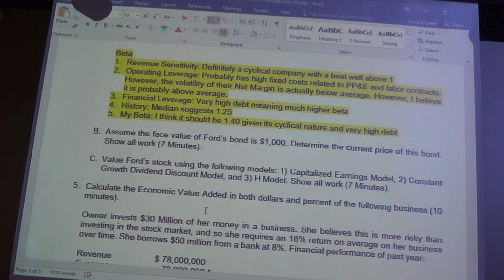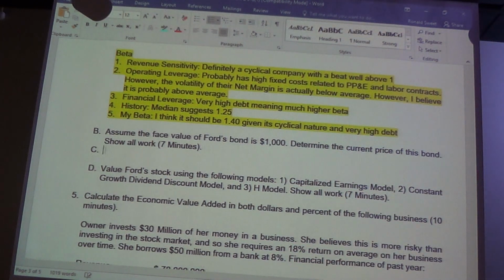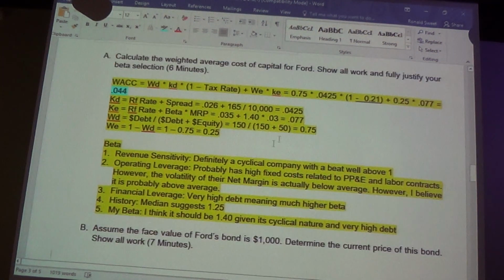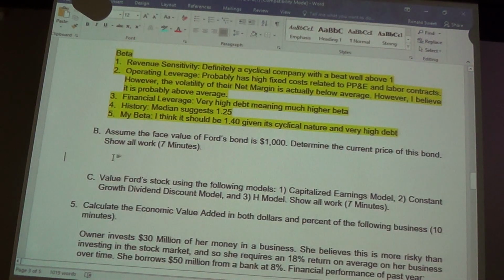All right, so let's price the bond. We already know that the discount rate for the bond is 4.25%.